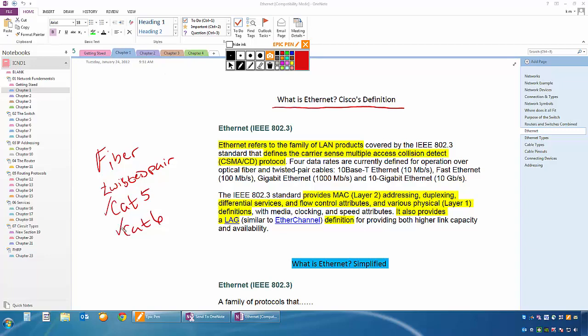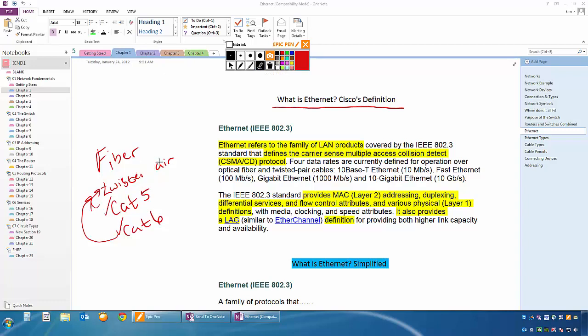Cat 5 and Cat 6 are twisted pair cables. We call them Ethernet cables because normally we use Cat 5 and Cat 6 to plug into our Ethernet ports. And since we're plugging that cable into our Ethernet port, we are calling it an Ethernet cable.